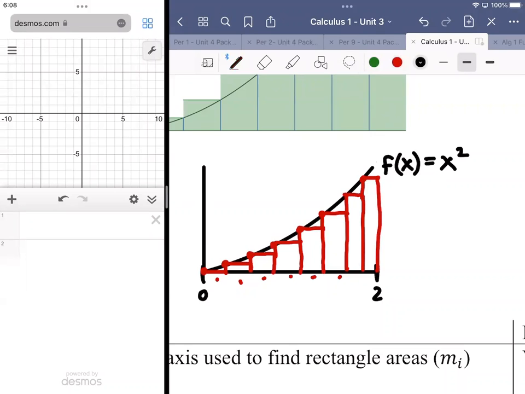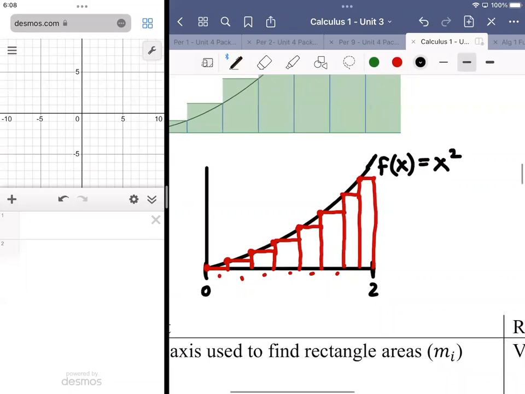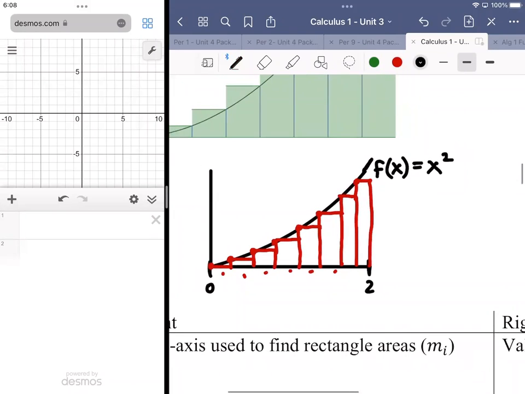And so what I have here is an underestimate. I created rectangles that would fit under the curve. Ideally, I thought I was being cute by pre-printing the graphs so that I would have something that looked halfway decent. But the reality is, I'll find a way to screw it up no matter how I do it.